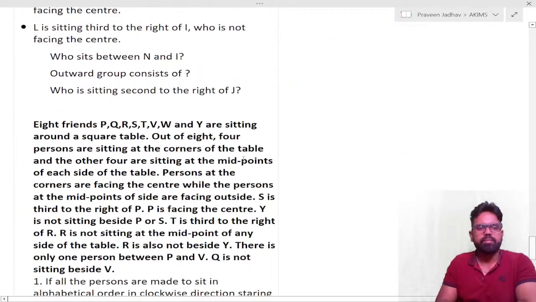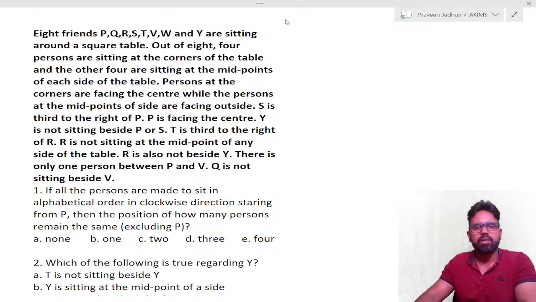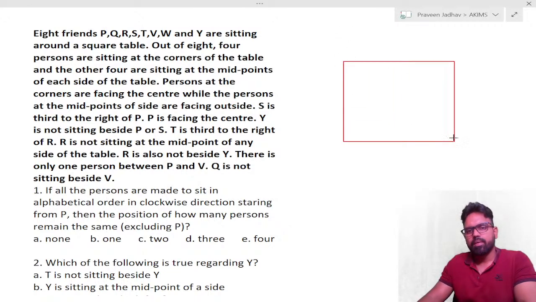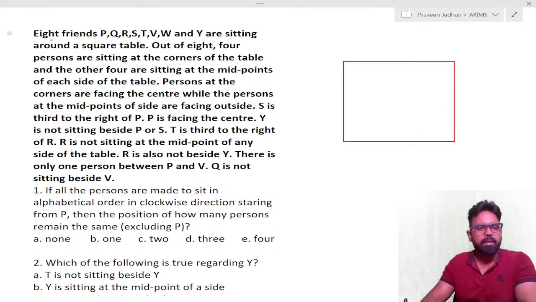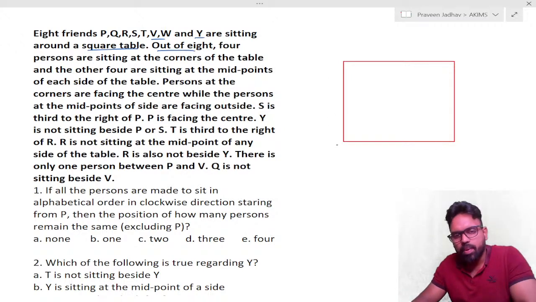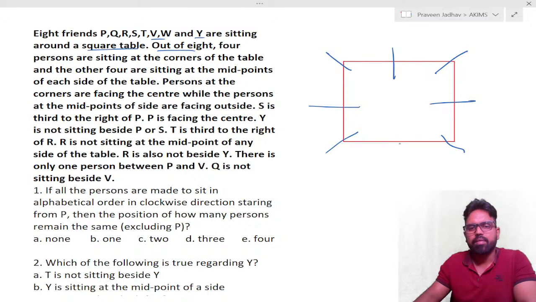Now, look at this question on square arrangement. What does this question have to say? 8 friends P, Q, R, S, T, U, V, W and Y are sitting around a square table. Out of 8, 4 persons are sitting at the corners, and the other 4 obviously will be sitting in the center of the sides.